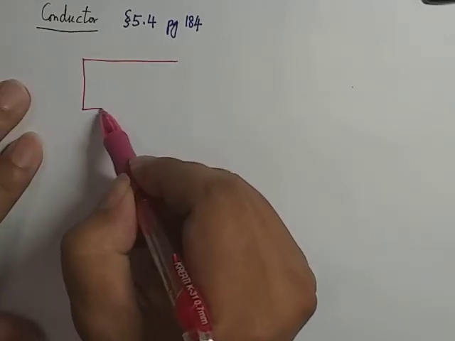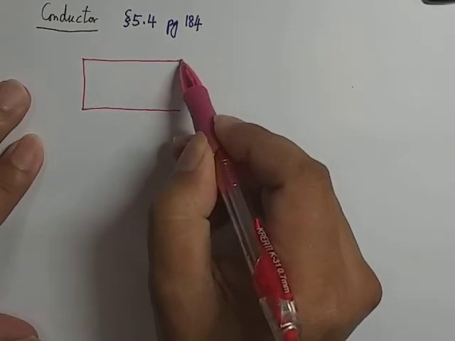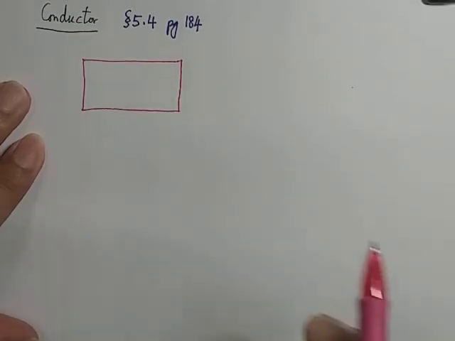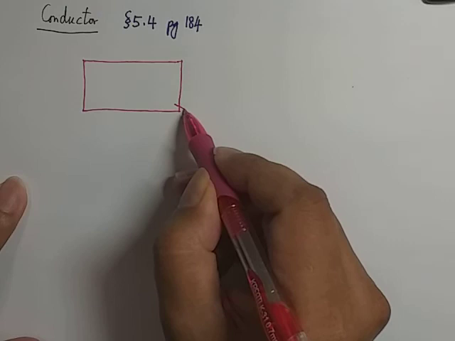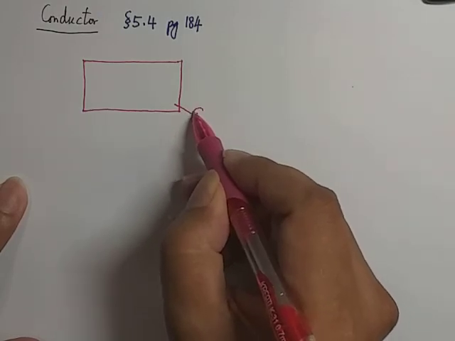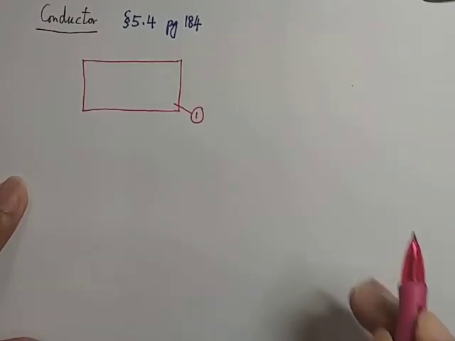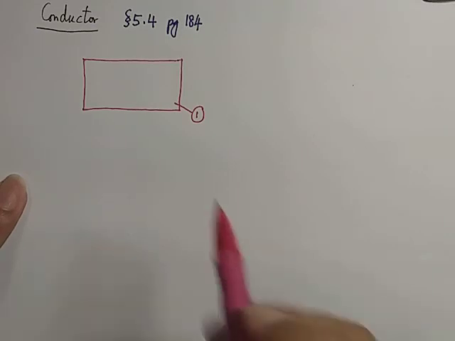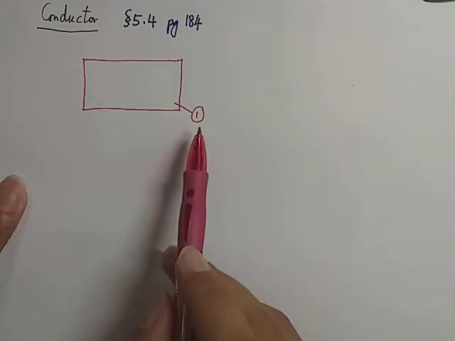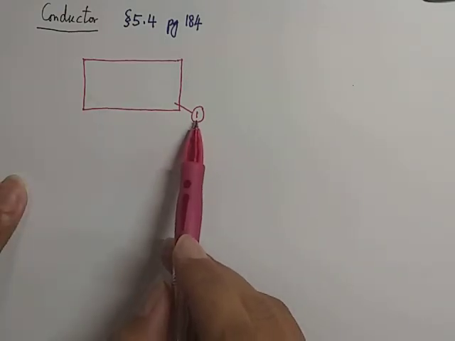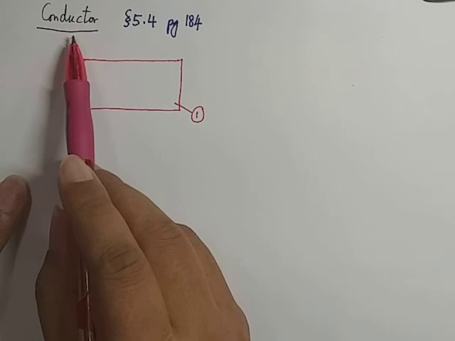So let's make it this red box. That should be our conductor. I'm going to put numbers now just to make it easier for you to understand what I'm trying to say. So the first component of the discussion is always the actual material. In this particular discussion, the material should be represented as a conductor.